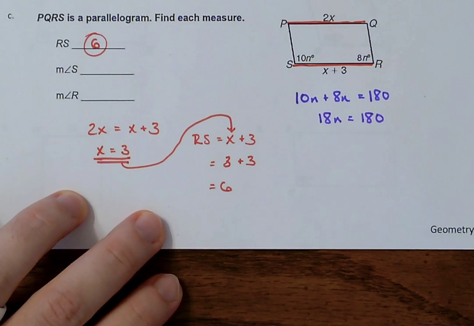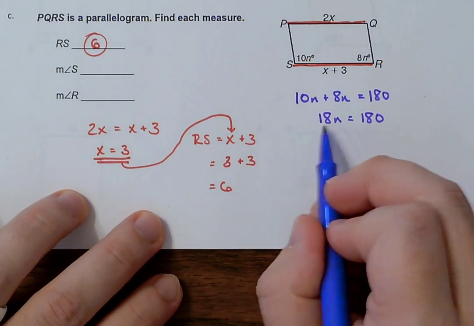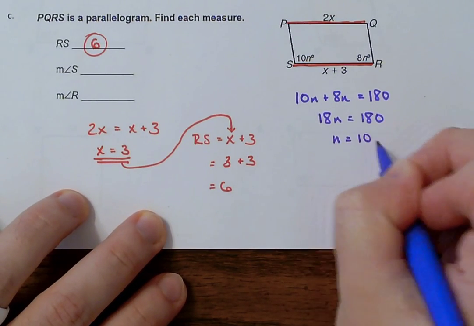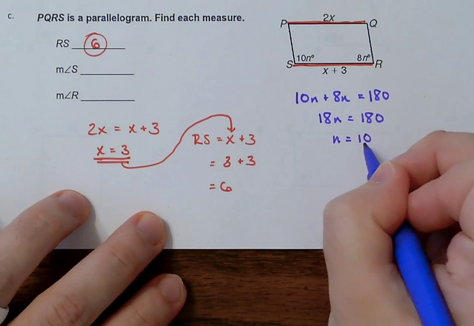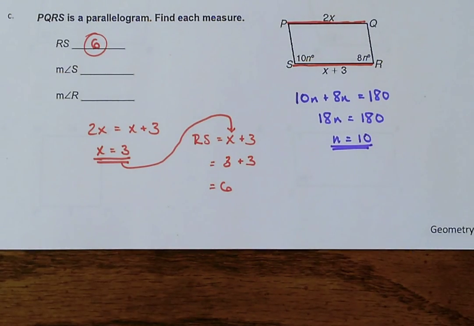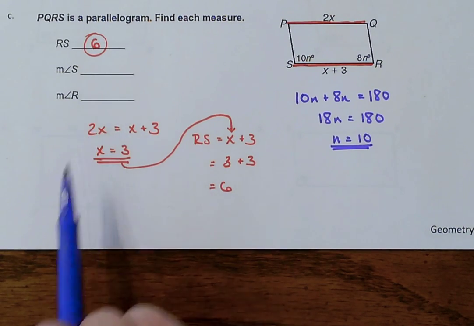Then to solve for n, all we have to do is divide by 18. And 180 divided by 18 is going to give us 10 for n. Now, knowing that n equals 10 is great, and that's going to get us to our answers for the measure of angle S and the measure of angle R.